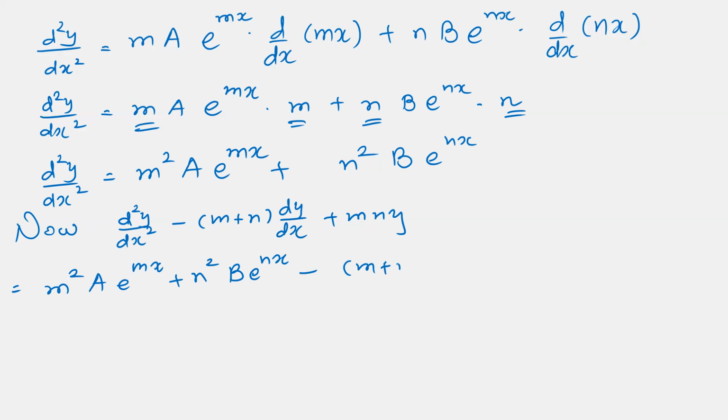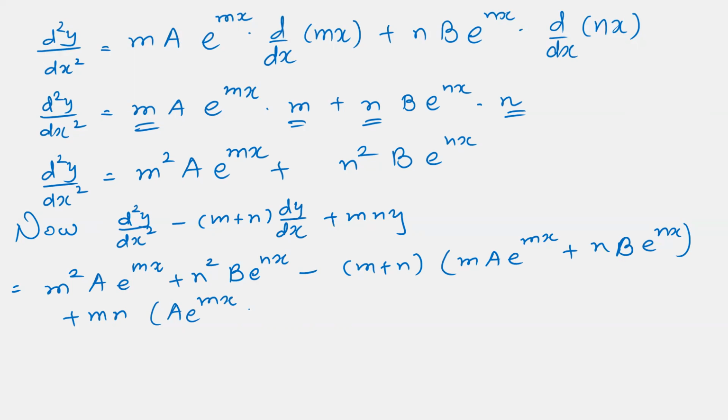Minus (m plus n) dy by dx, which we also found just now, m into a e to the power mx plus n into b into e to the power nx, plus mn y. Don't leave y, substitute y also: a e to the power mx plus b into e to the power nx.